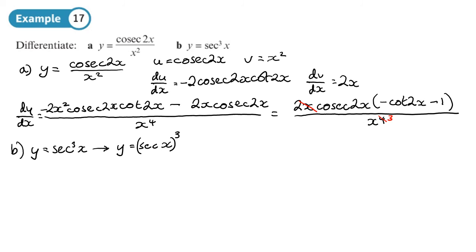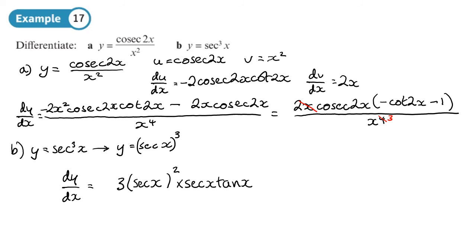And the chain rule says that we are going to differentiate the outside, so it becomes this. Remember, the inside of the bracket doesn't change. And then we want to multiply by the inside differentiated, and the inside differentiated is going to be sec x tan x, so times by sec x tan x.